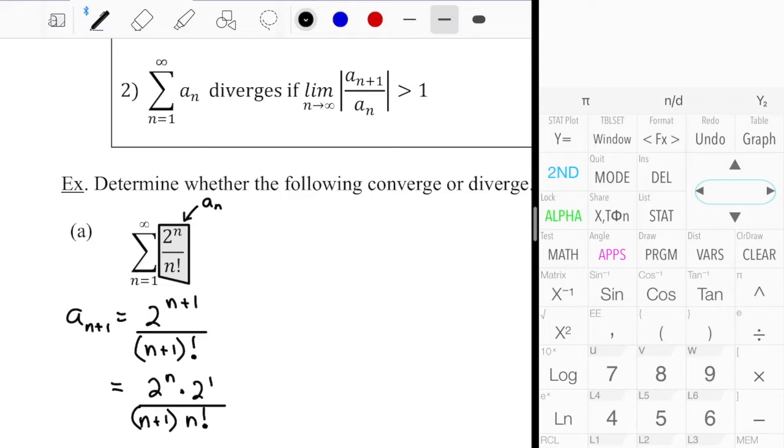So what I can do now is jump to my limit, find the limit as n approaches infinity of the absolute value of this ratio that I just came up with. Oh, look at that ratio: 2 to the nth times 2 over n plus 1 times n factorial, over 2 to the nth over n factorial.